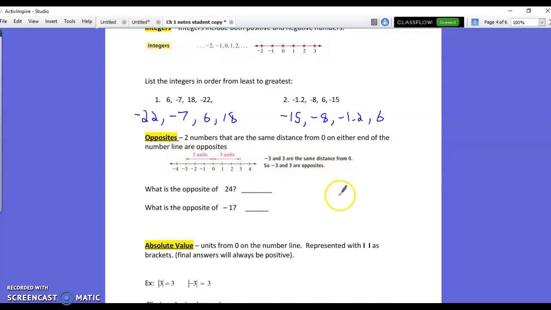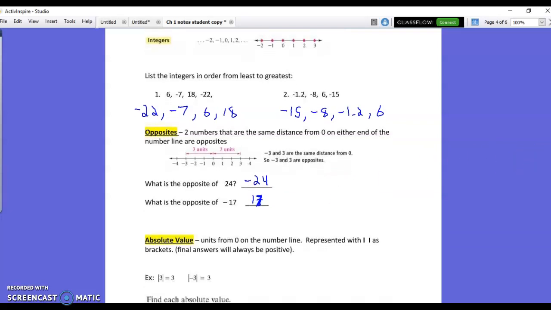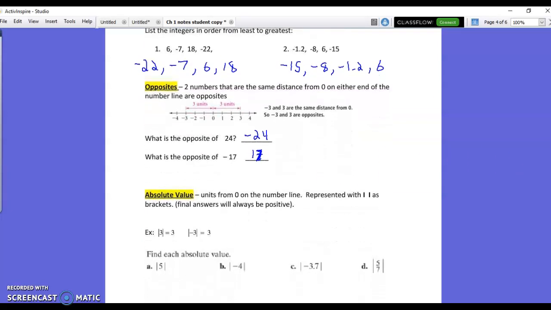If it's positive, the opposite would be negative. If it's negative, the opposite would be positive. So the opposite of 24 is -24. The opposite of -17 would be +17. You would just do the other sign of that number.